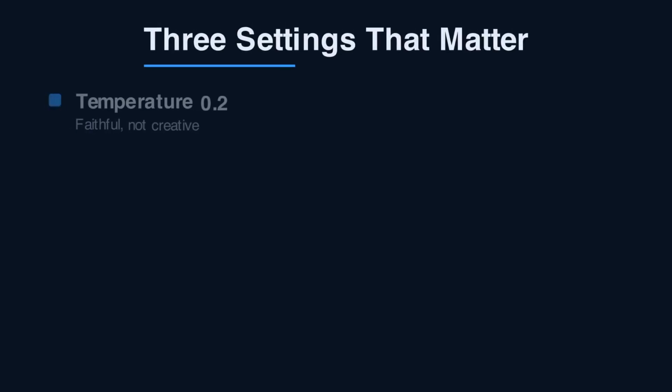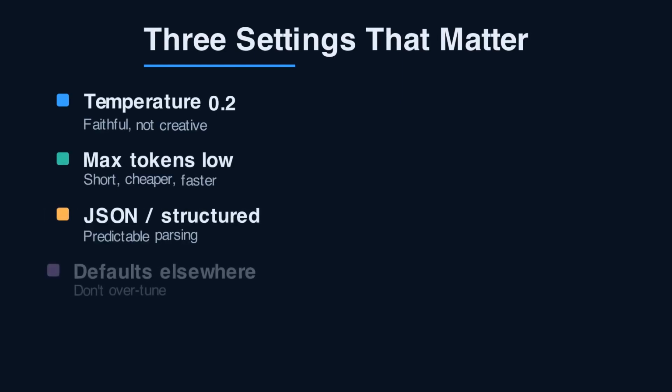3 knobs do most of the work. First, temperature. Keep it low, around 0.2, because you want consistent, faithful explanations, not creative prose. Second, max tokens. Explanations are short, so cap output tight, maybe a few hundred tokens, to control both cost and latency. Third, the response format.